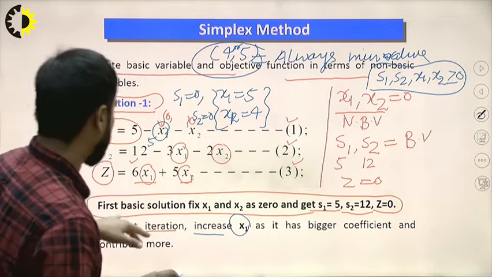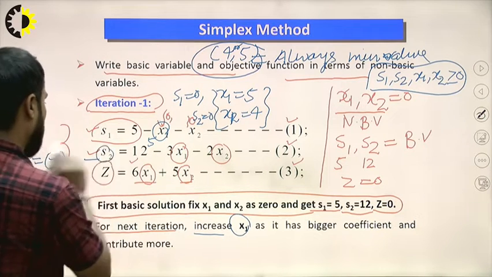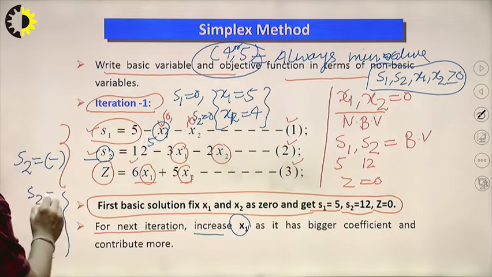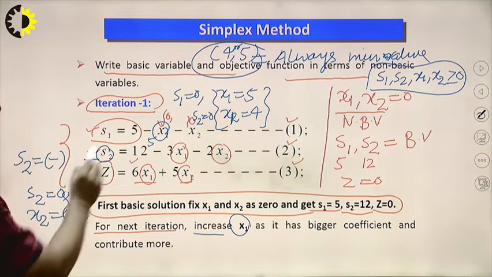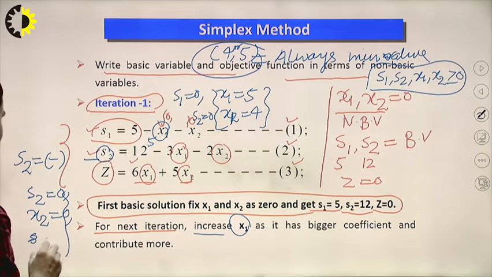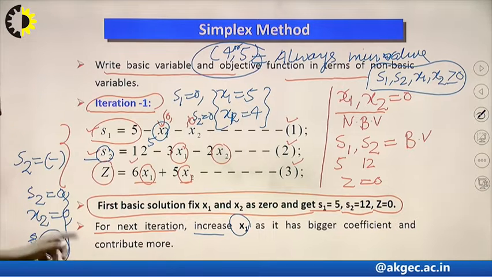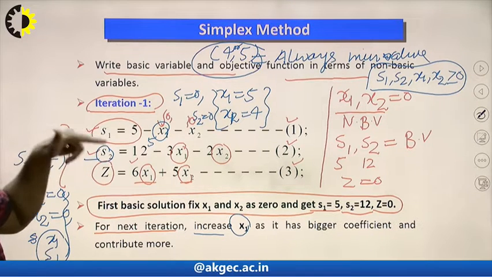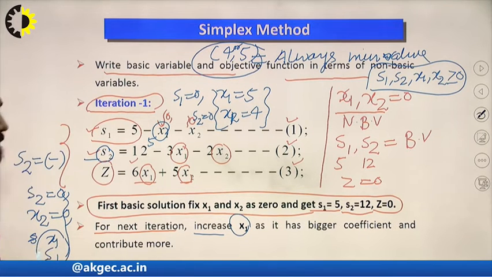So in the next iteration, if I am choosing 4, s2 becomes 0, right? And x2 is already 0. The new basic variables become x1 and s1. In the next iteration, I will write x1 in terms of s2 and x2, and s1 in terms of x2 and s2, right?